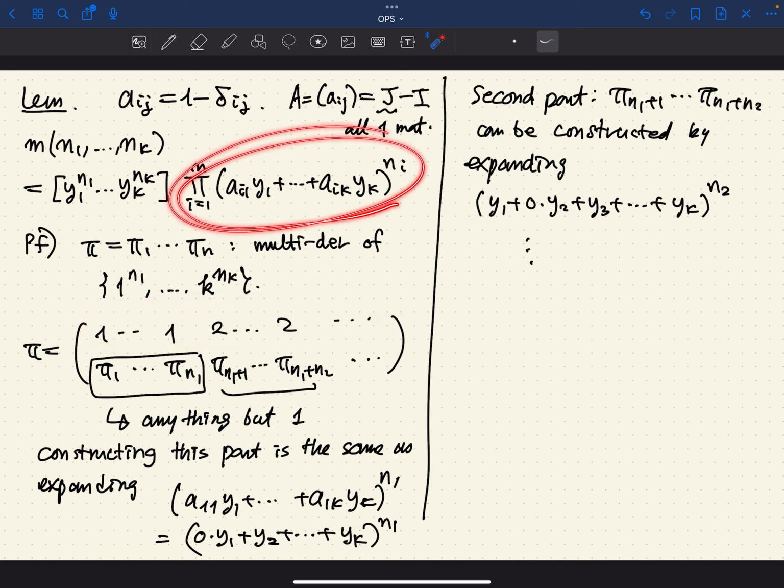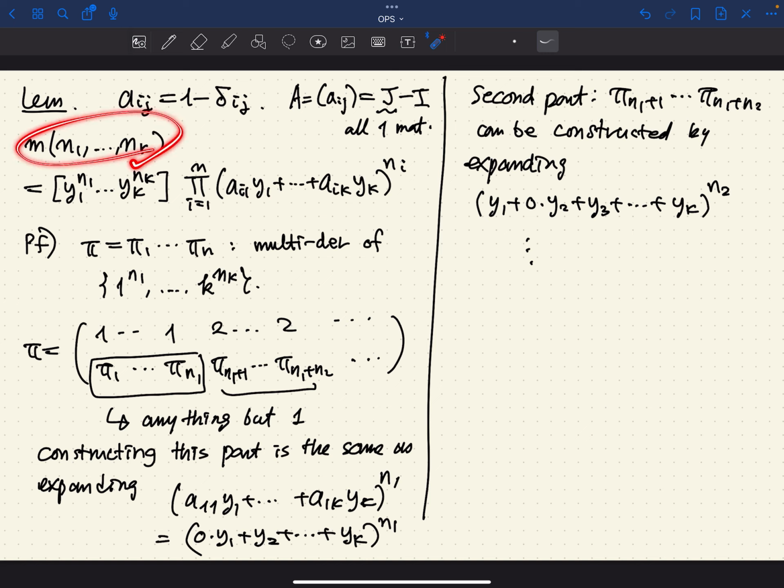So if you expand this, you get all possible words, potentially multi-derangements. But if you select exactly those with n1 y1 and n2 y2, etc., then you get exactly the derangements that we want, that should be counted over here. That is the proof, actually.